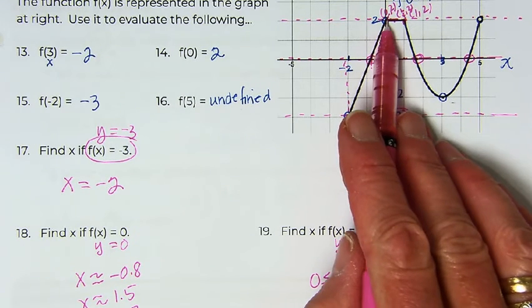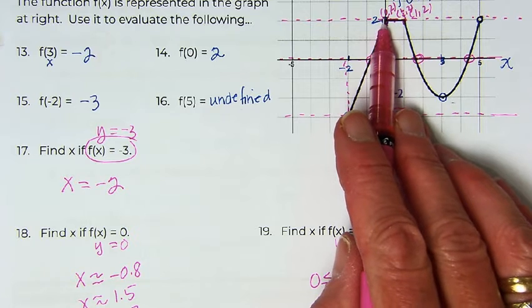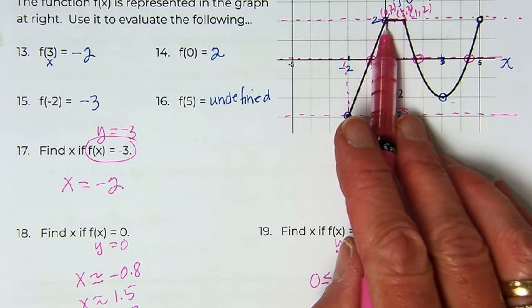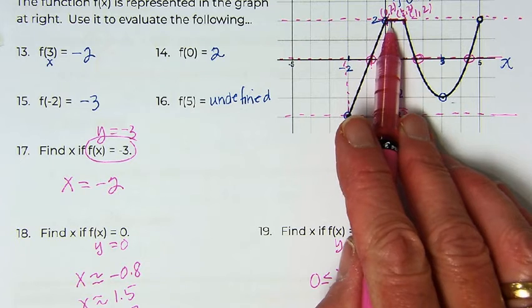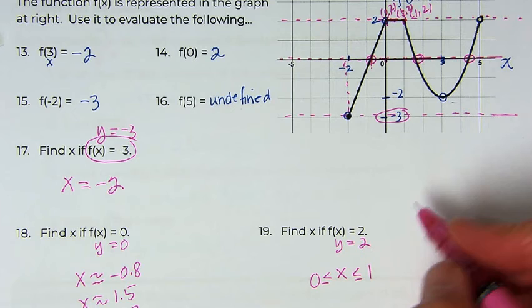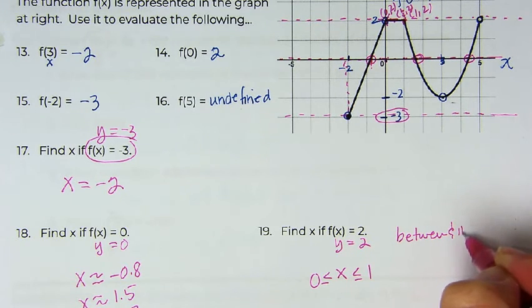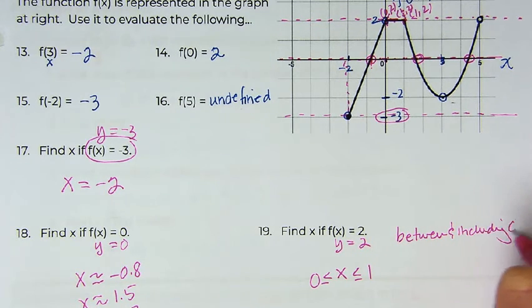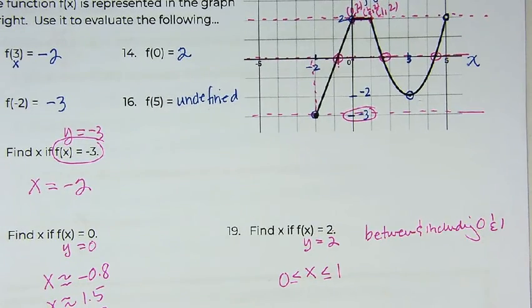So what I was saying is that every single point on this horizontal line has an output of 2. Like this point is at 1, 2, 1/2, 2, 1/4, 2, 0, 2. Every single point, and that's why I would write that in an interval. Or you could write it in words: between and including 0 and 1, the output would be a 2.